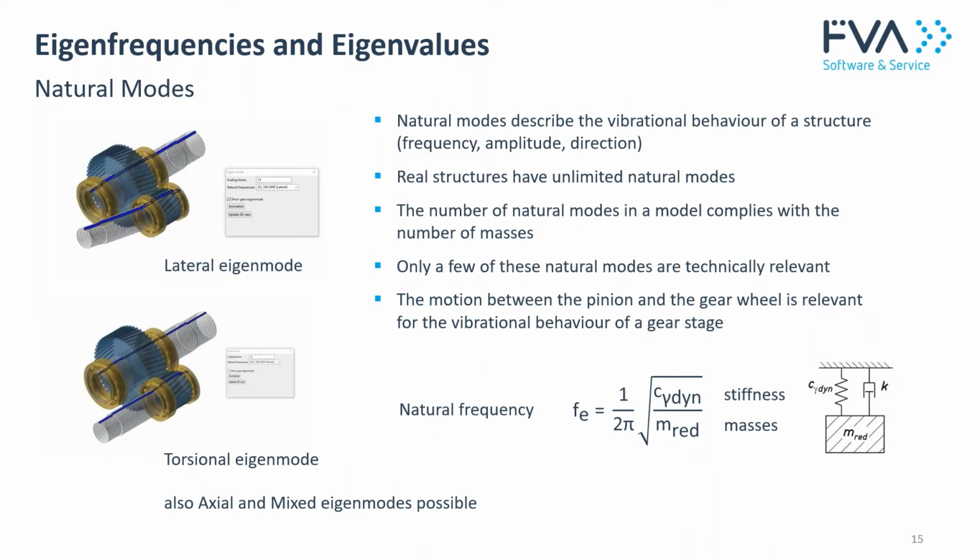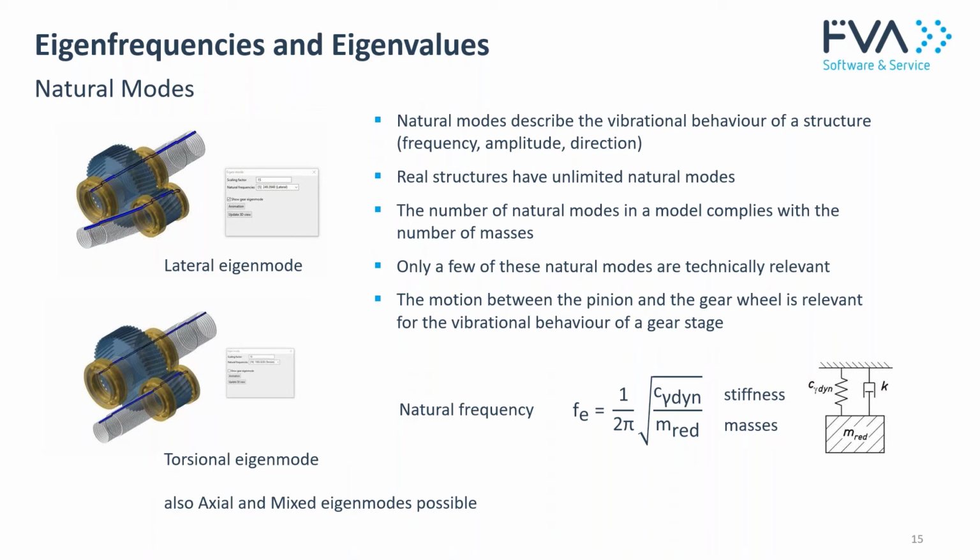To get the eigenfrequencies, we only need the masses and the stiffnesses of the vibration model, no damping and so on. There are unlimited eigenfrequencies depending on the masses you have specified and the frequencies and speeds you're running. There are unlimited possible, but only a low number is technically relevant.